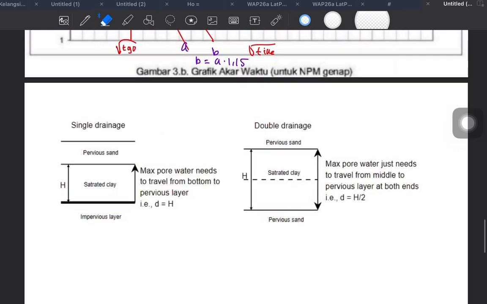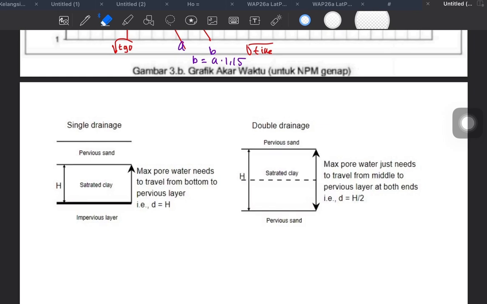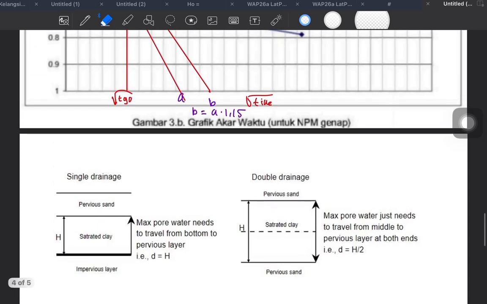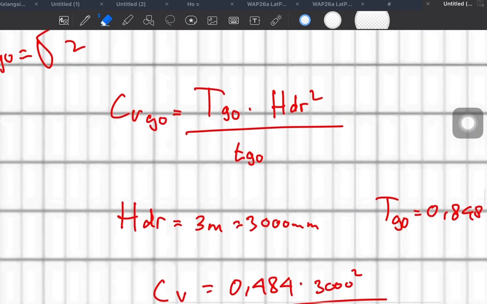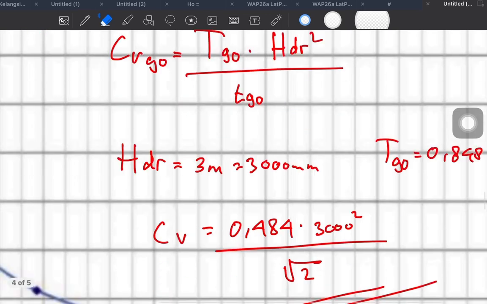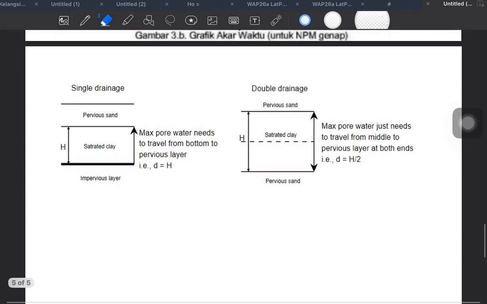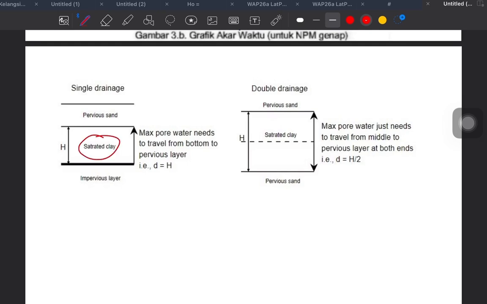Okay, next, I think I have to explain what the difference is between single drainage and double drainage, for determining the length of the drainage path or HDR to calculate the coefficient of consolidation. The difference between single and double is the soil that is being analyzed. For single drainage conditions, it's on an impervious layer.